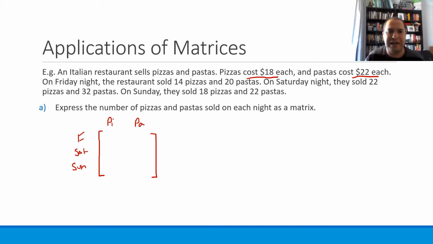On Friday, the restaurant sold 14 pizzas and 20 pastas. On Saturday, they sold 22 pizzas and 32 pastas. On Sunday, it was 18 and 22. And there's my matrix, just the bit in the middle. I've written these labels on the sides just so I personally remember which column and row means what, but the real answer is the matrix we've written here.